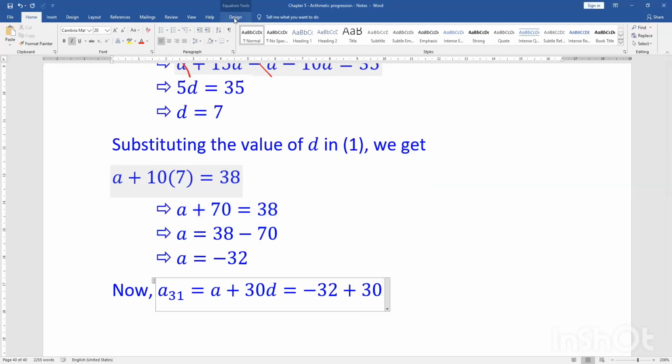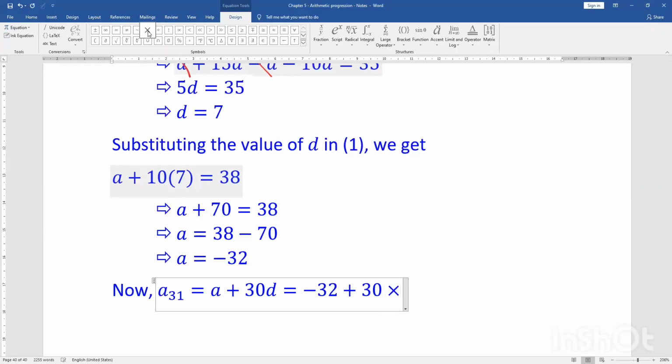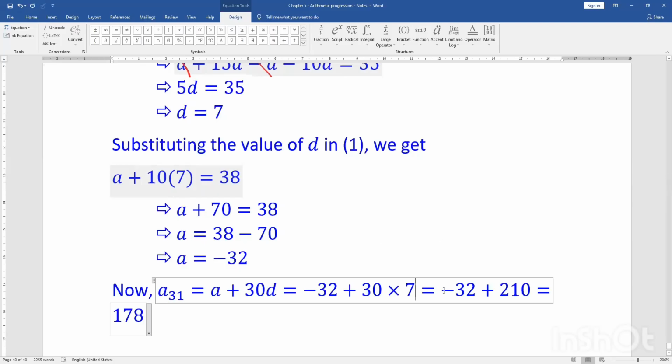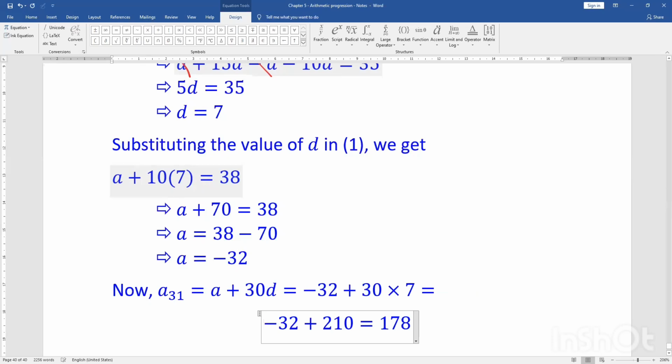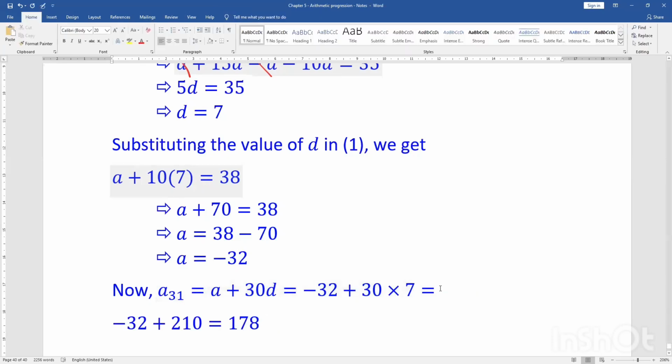So 30 into 7. That means I can write minus 32 plus 210, which should give you 178, right? So this is our answer.